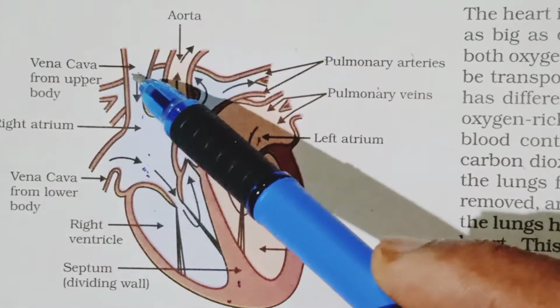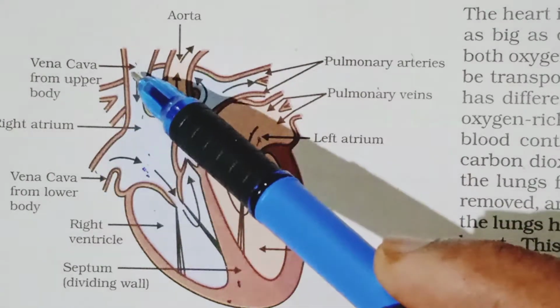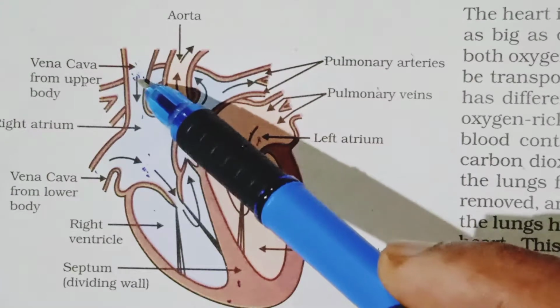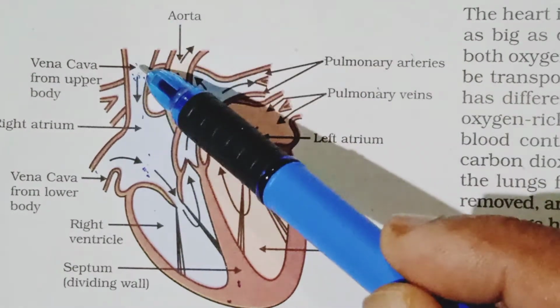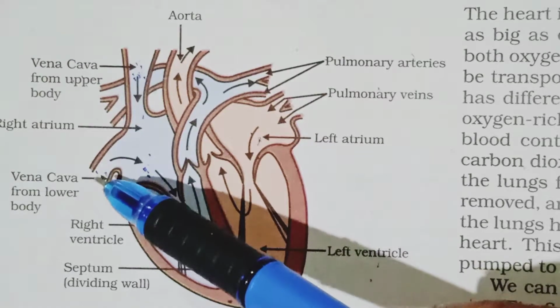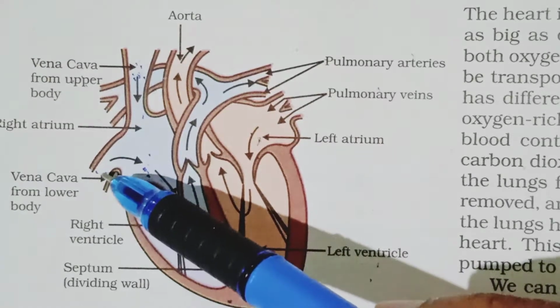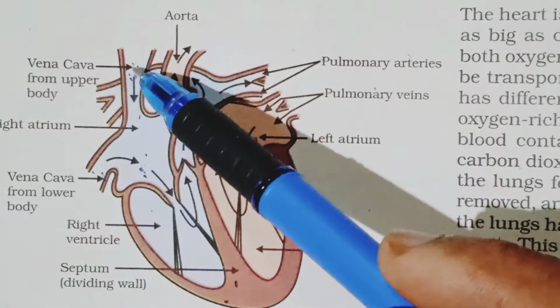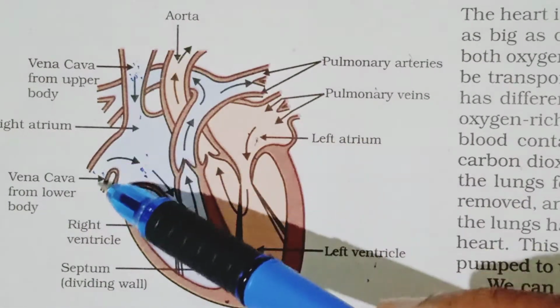Now we have two parts. We have the vena cava that carries the deoxygenated blood from the upper part of the body, and this is the vein that carries the impure blood or the deoxygenated blood from the lower part of the body. Now this will be above the shoulder and this is below.